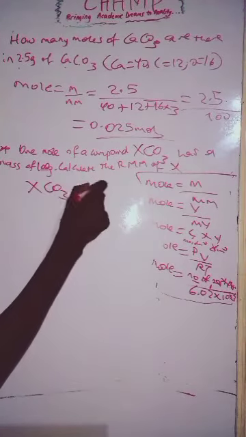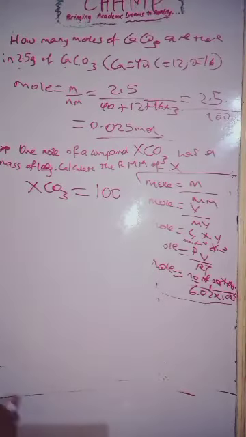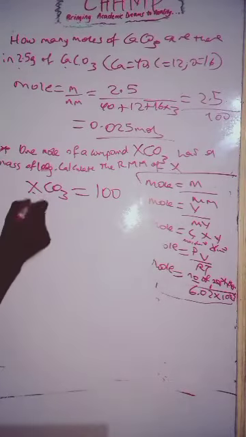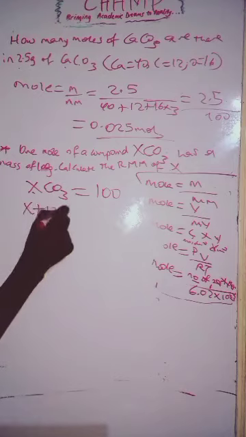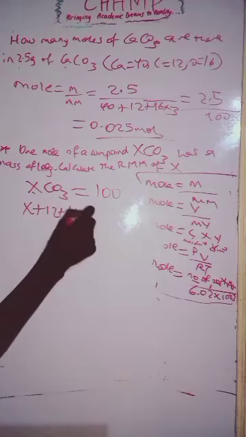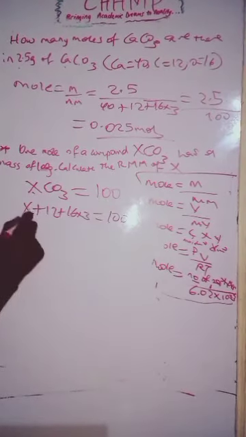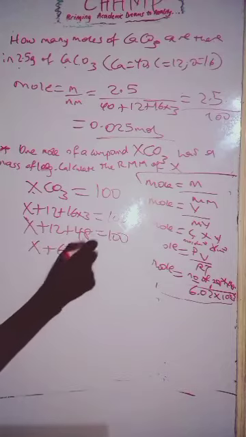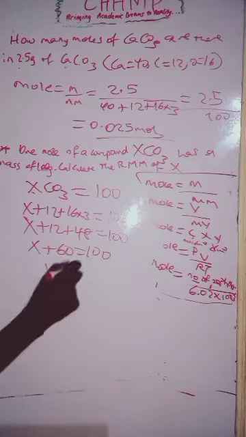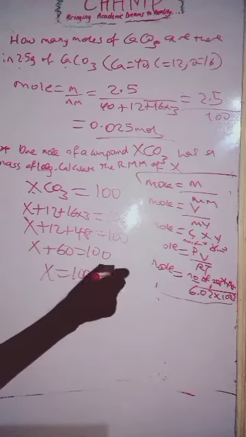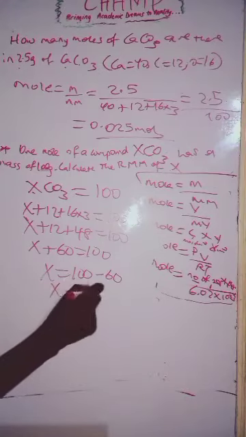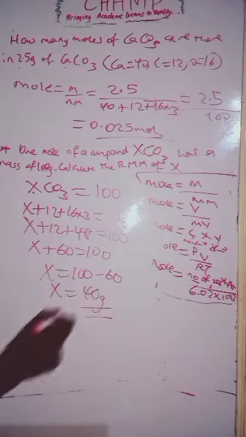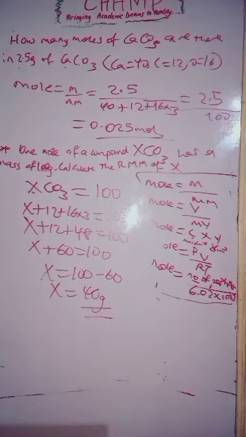XCO3 is equal to 100 grams, right? You can try it out on your own. X plus 12 plus 16 times 3 is equal to 100. X plus 12 plus 48 is equal to 100. X plus 60 is equal to 100. X is equal to 100 minus 60. X is 40. So it's as simple as that.